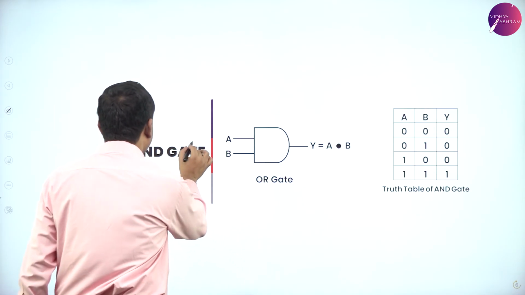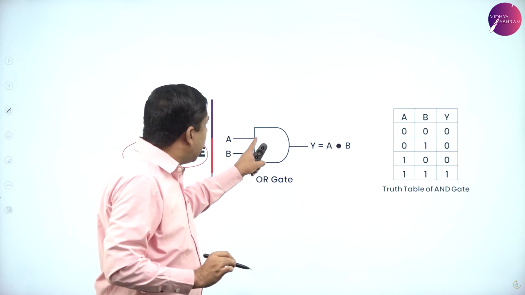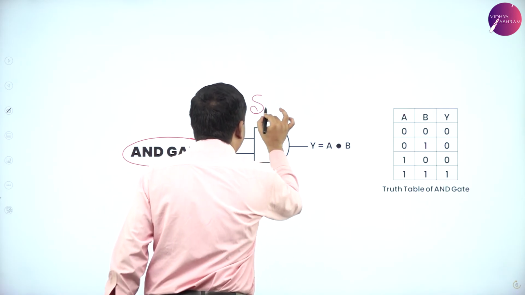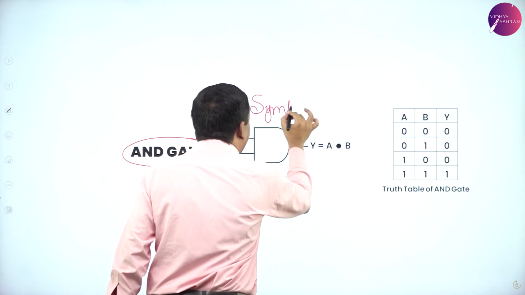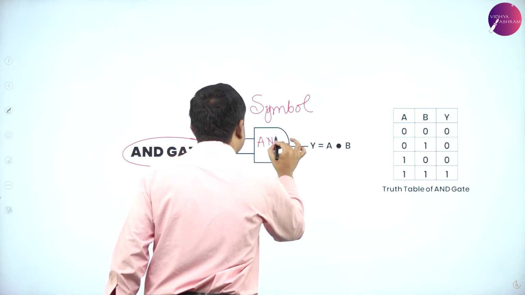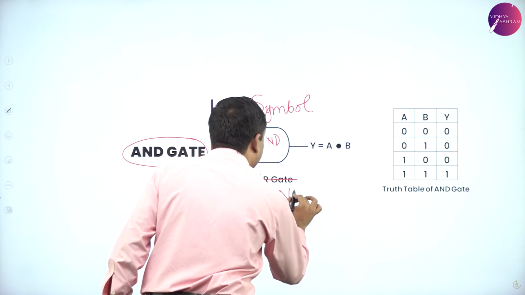Next, AND gate. Again, this is the symbol of the AND gate.